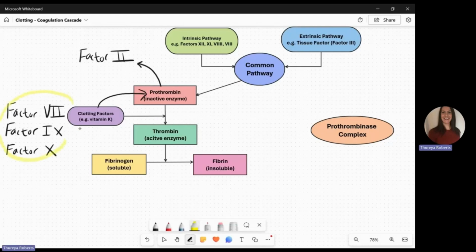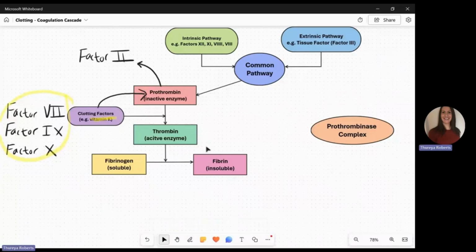These factors are produced in the liver and their production depends on vitamin K. Without vitamin K, these factors wouldn't function properly and the clotting process would be impaired. This connection between clotting factors and prothrombin ensures that the process is tightly regulated and only activated when necessary.